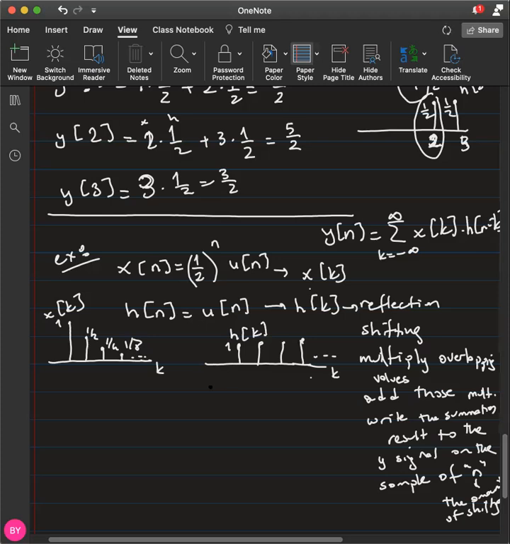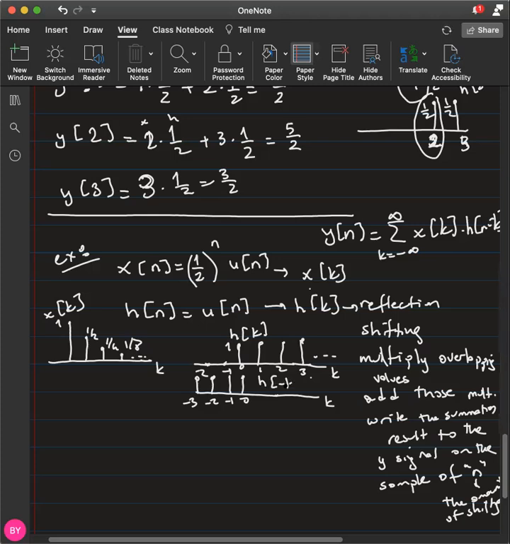How about if I take the reflection of this? This is 0, 1, 2, and 3, and so on, and 0 all over on the negative side. If I take the reflection, then it will be 0, minus 1, minus 2, minus 3. What is this right now?